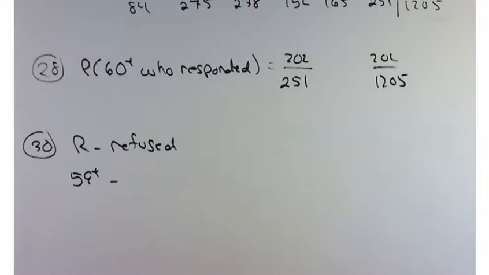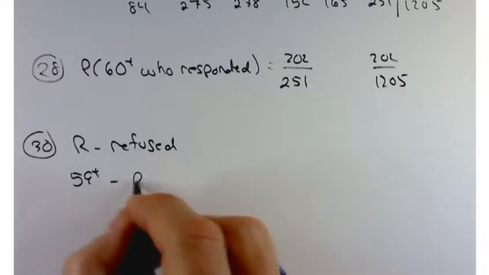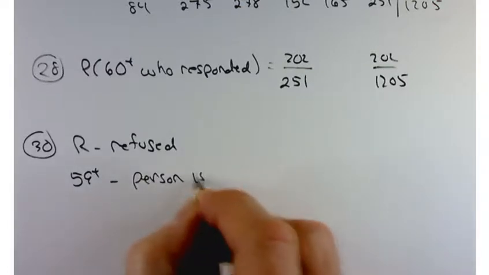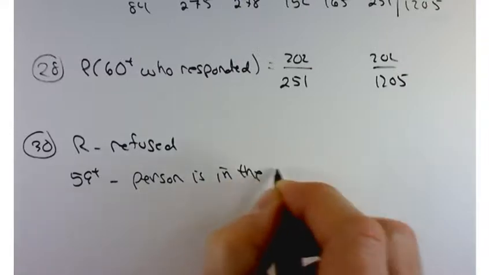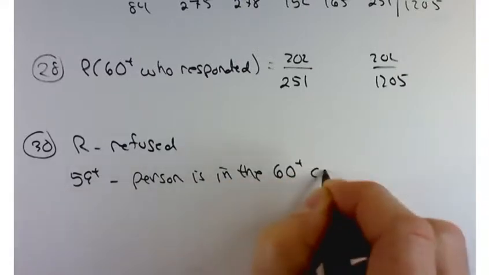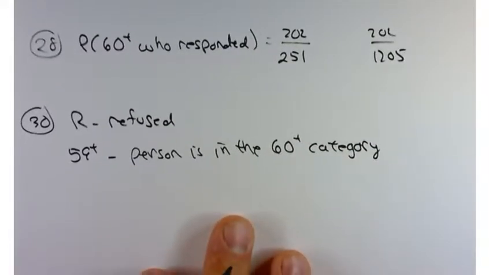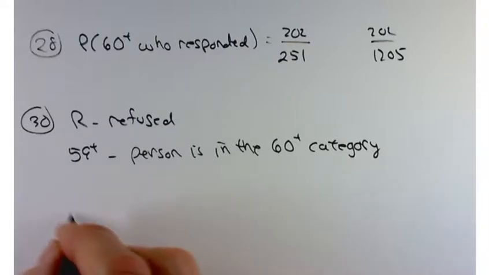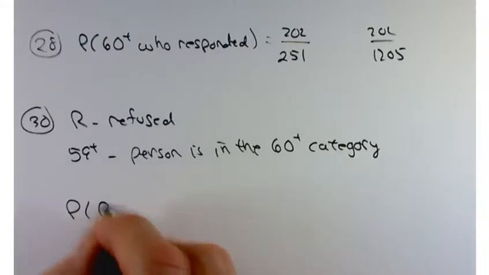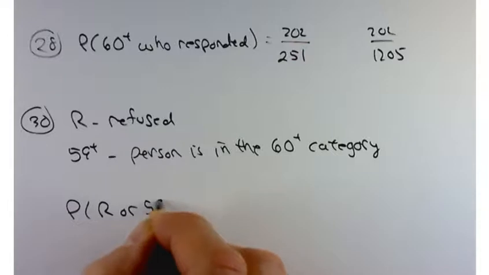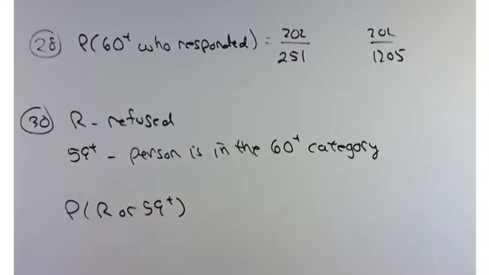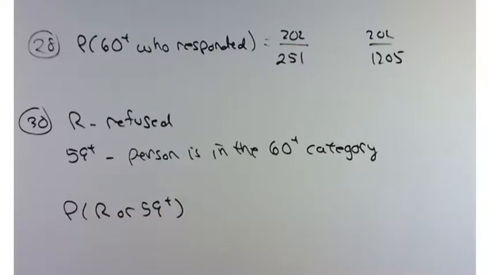So a person is basically 60 and up. So let's understand then what we're asked to find. We're asked to find the probability of R or 59 plus. Probability that they either refused or they're in the 60 and over category.